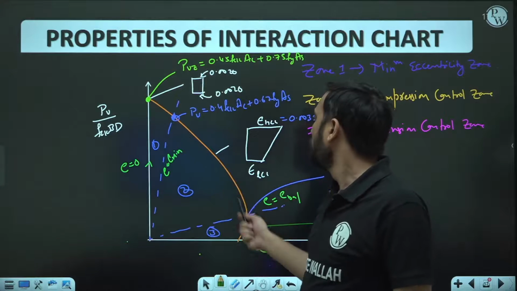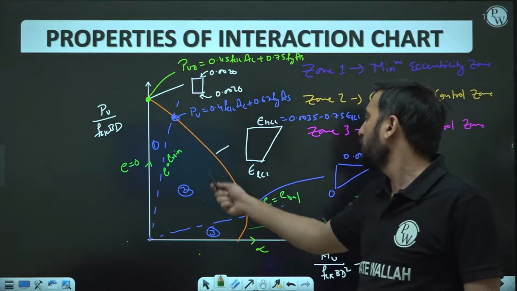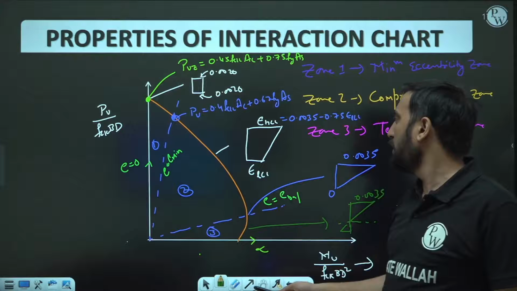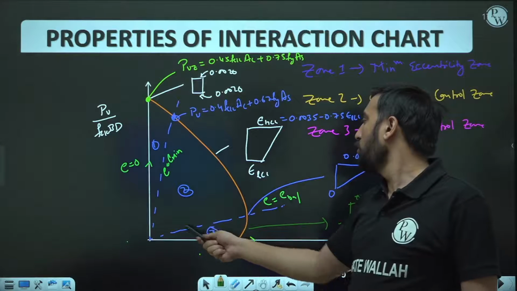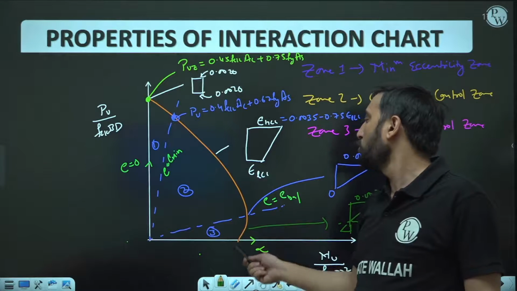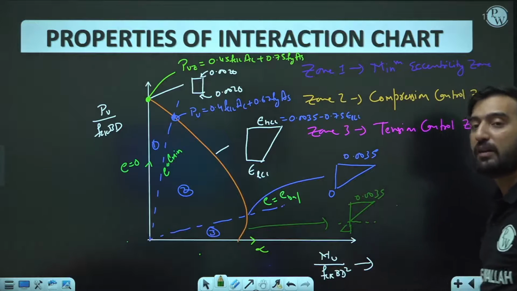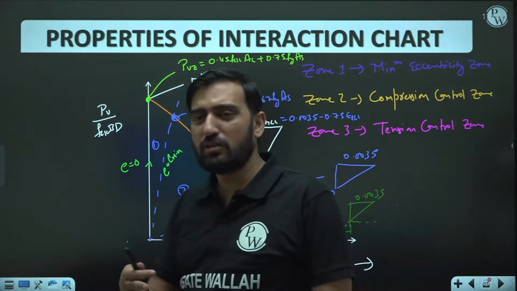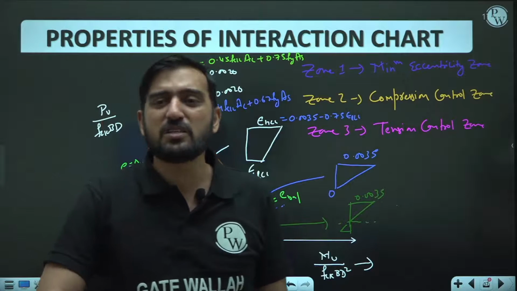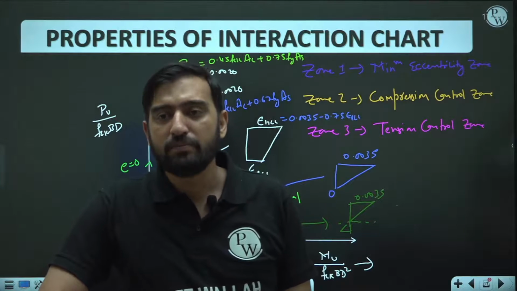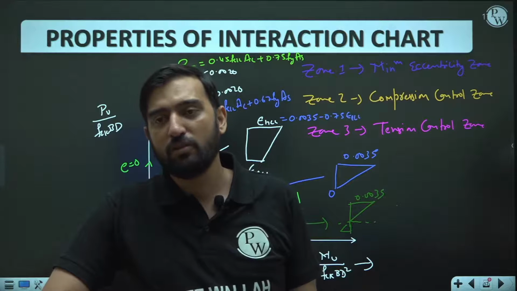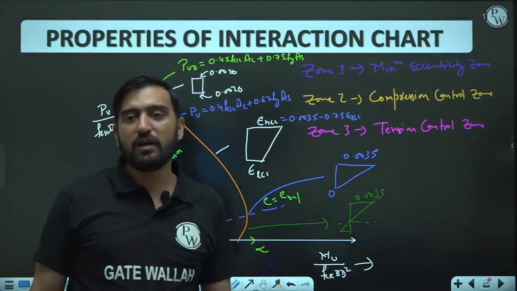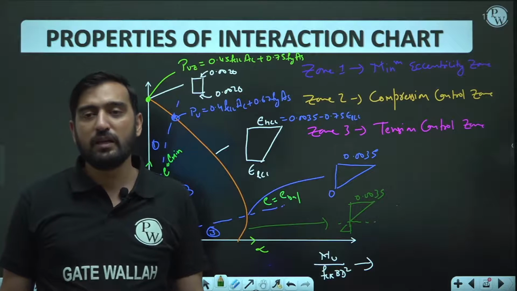In zone 2, the load as well as moment are equally comparable, and in zone number 3, the load is quite less but the moment is more due to the higher eccentricity. So zone 3 can be designed just like your beam by LSM. All these are the important properties of the interaction curve.